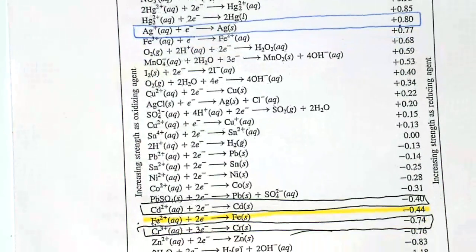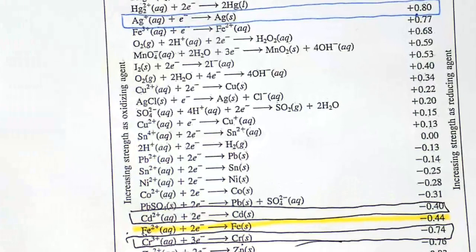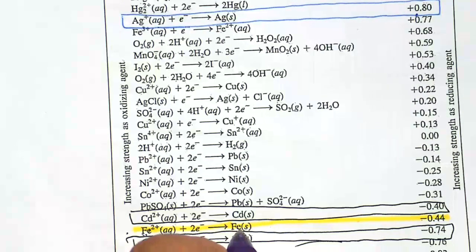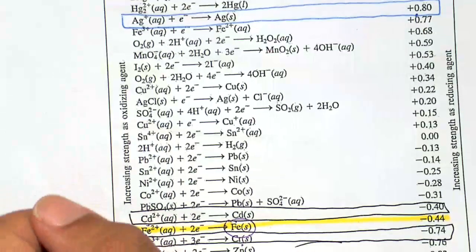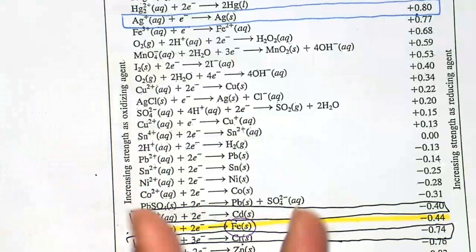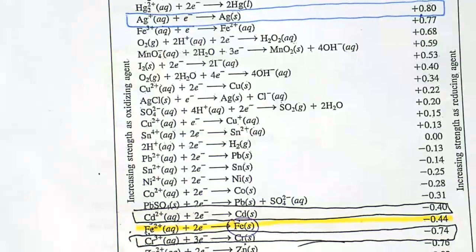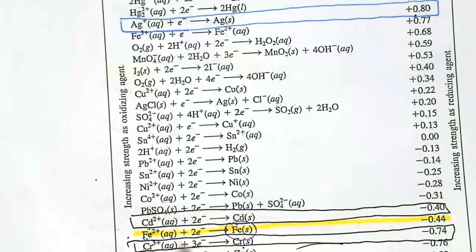The other scenario is this. Let's look back at the highlighted reaction. Iron can reduce Cd plus 2 to Cd. So in the process, this gets flipped. Keep everything above the same. You flip the one that you choose. That's for if it's above.